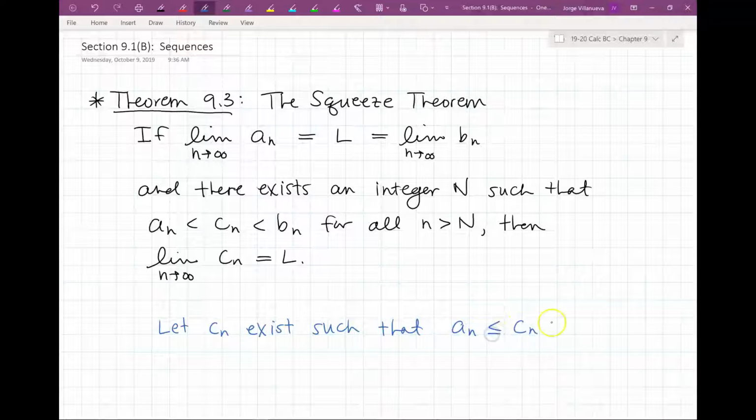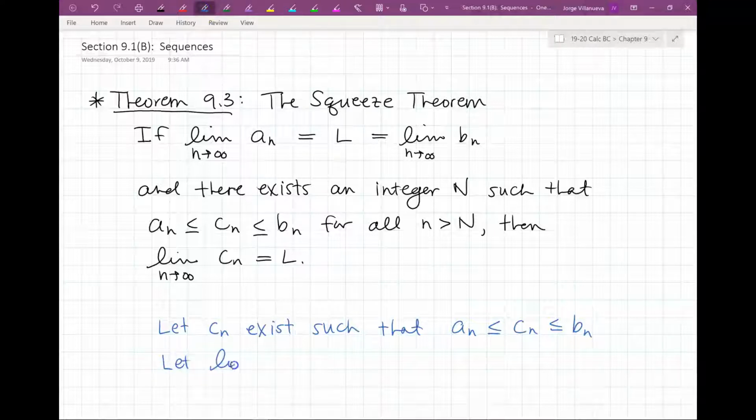Actually, it should be less than or equal to. I just realized I didn't write that down on the main definition, guys. Both of them should be less than or equal to. So let c sub n exist such that a sub n is less than or equal to c sub n is less than or equal to b sub n. Okay?